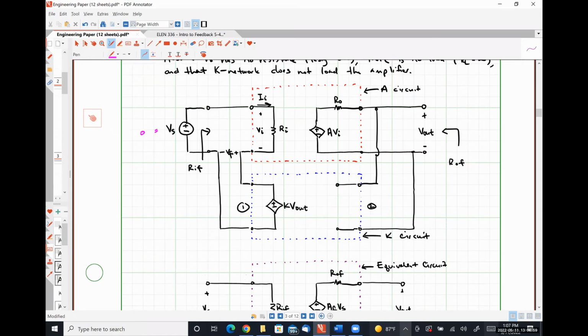Let's call this Vx and this Ix, and our output resistance with feedback is simply going to be the ratio of the voltage over the current, just how we calculated output resistance for everything else.